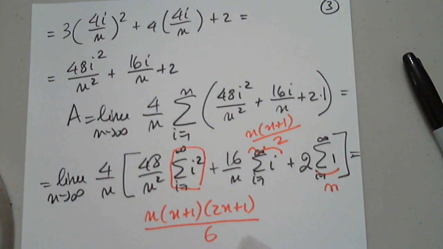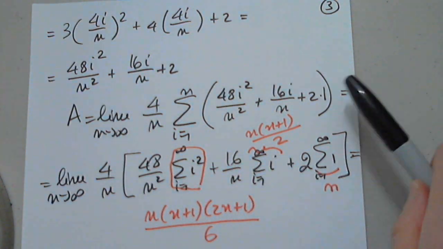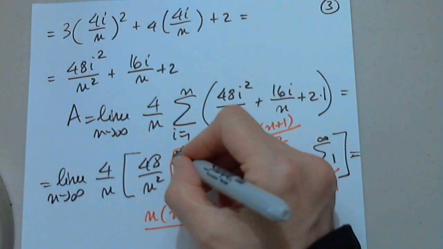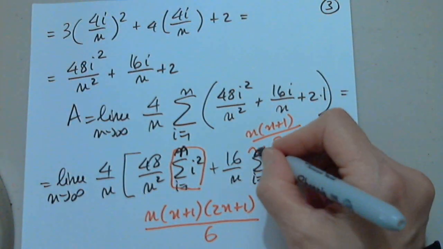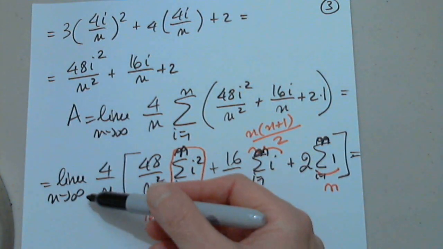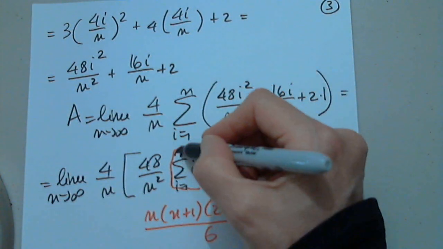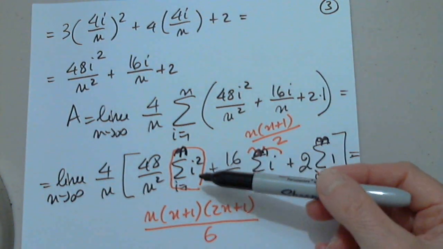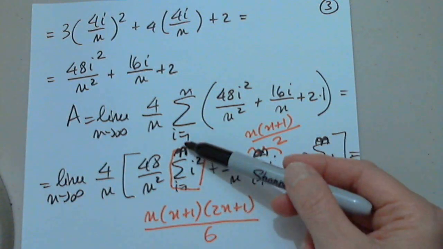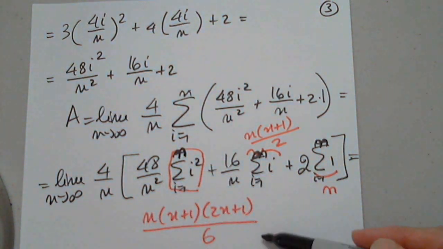Replacing it by this, we take care of all the terms. I meant to write n here. Then we will take n to infinity. So it's n, of course. From i equals 1 through n, this piece can be replaced by this formula, according to what we discussed last time.